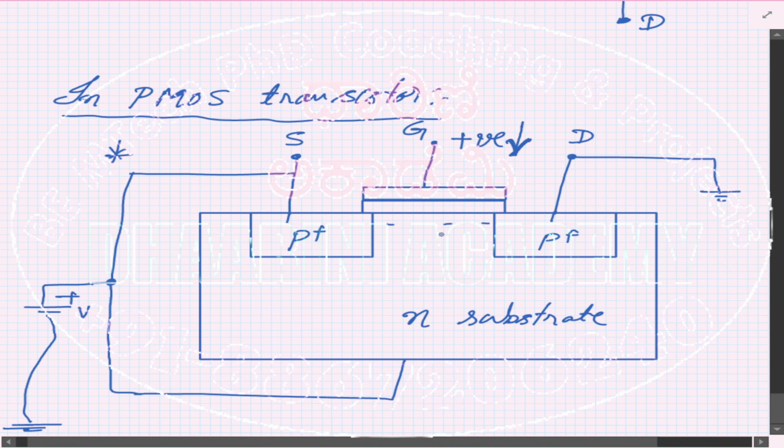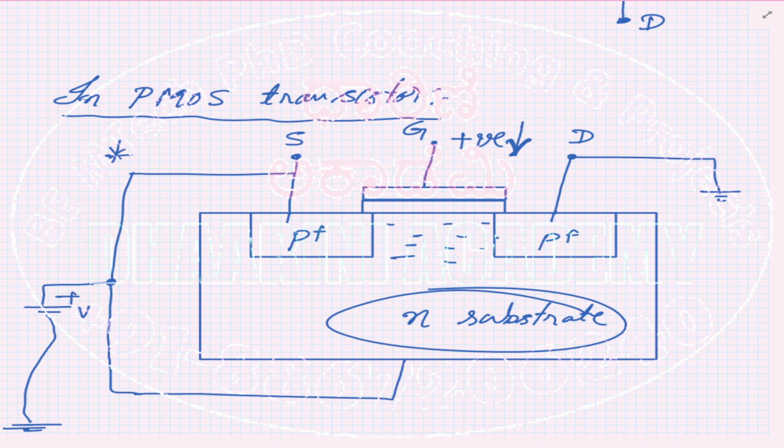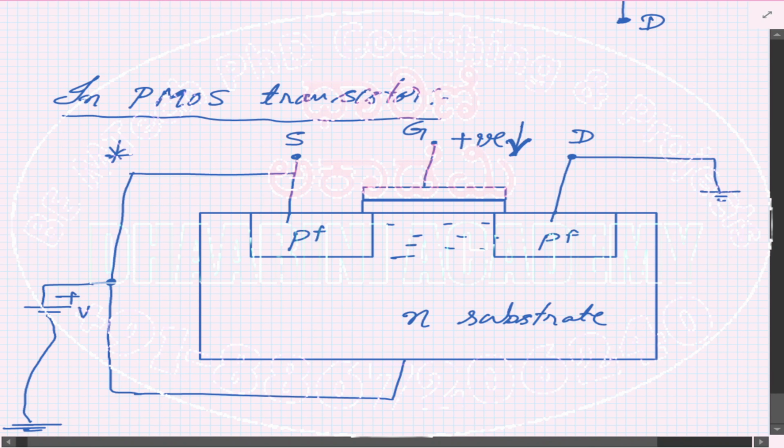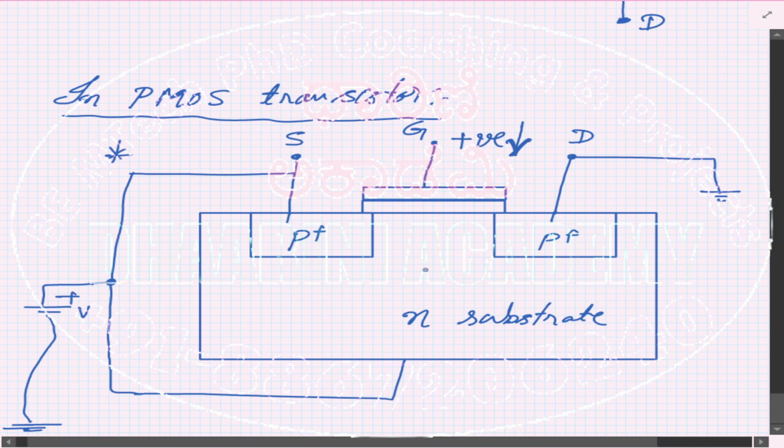Here you have only electrons now, completely filled, because it is an N substrate. Inside the P there are no electrons. There are electrons only in this.